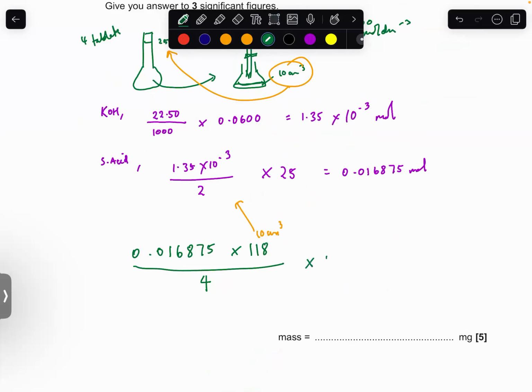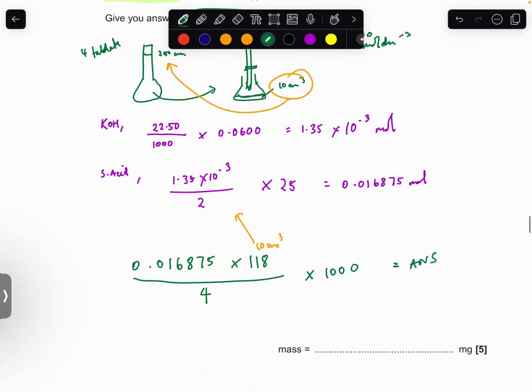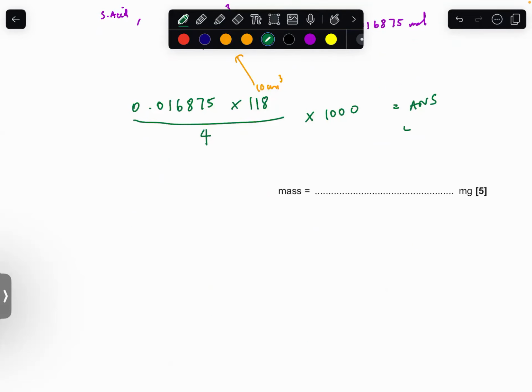We multiply it by 1,000, and that will give you your answer. Give your answer to 3 significant figures. So that gives us 497.8125, 498 milligrams.